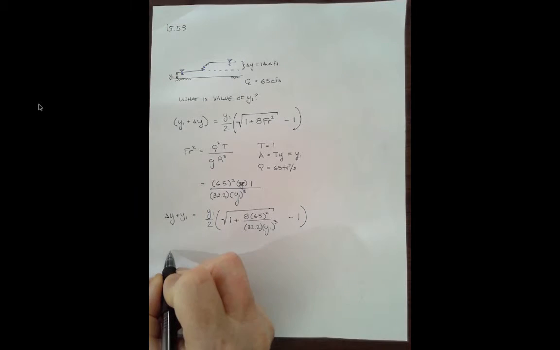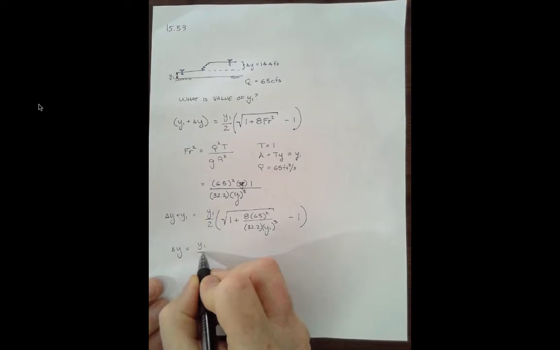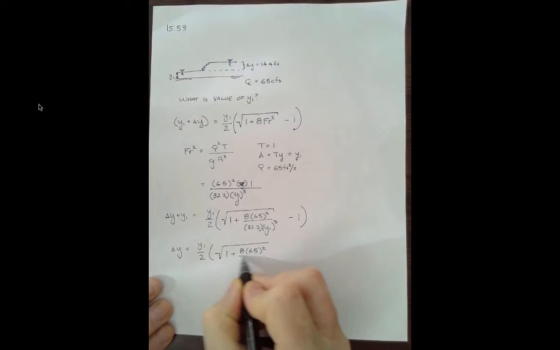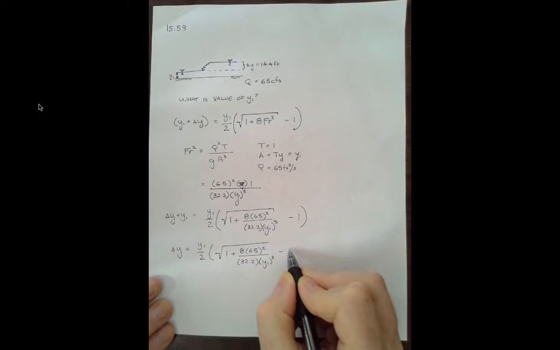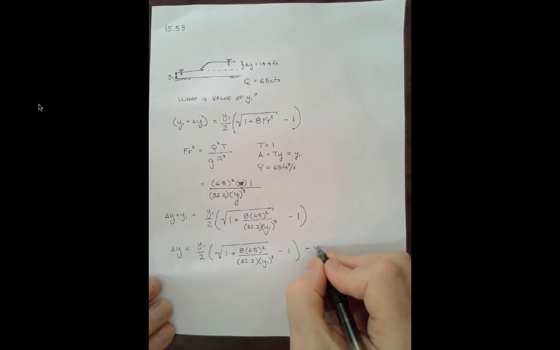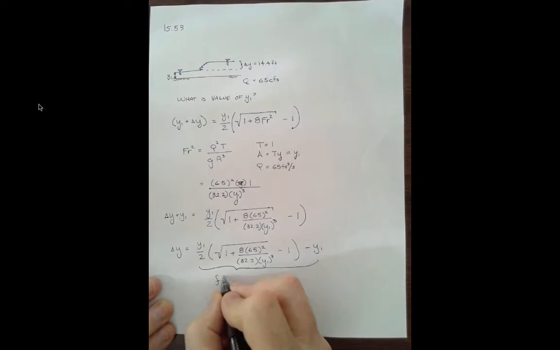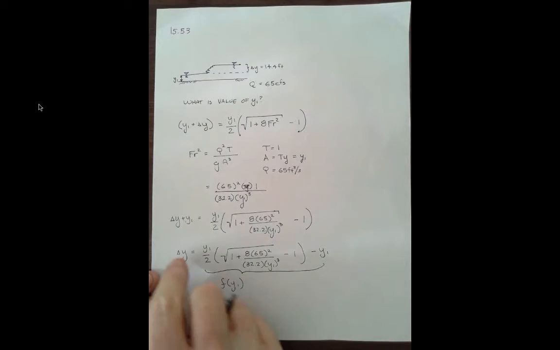Do a little more algebra, and we have delta y is equal to y1 over 2 times the square root of 1 plus 8 times 65 squared divided by 32.2 times y1 cubed, minus 1, minus y1. We simply put this into some function of y1, which we'll script in a second, and then by trial and error we can enter values of y1 until we get the correct value of delta y that was given in the problem statement.